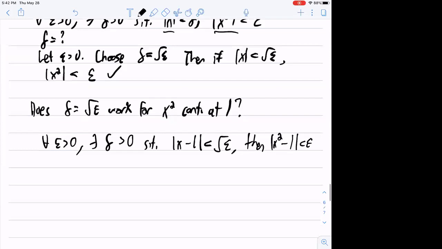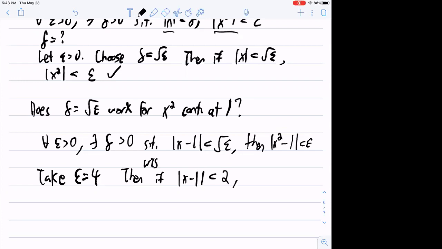So this is actually not true, right? Because take, I don't know, what should I take? Take epsilon equals 4. Then if absolute value of x minus 1 is less than, what's square root of 4, it's 2. Then I want to show if this is true, then x squared minus 1 is less than 4.